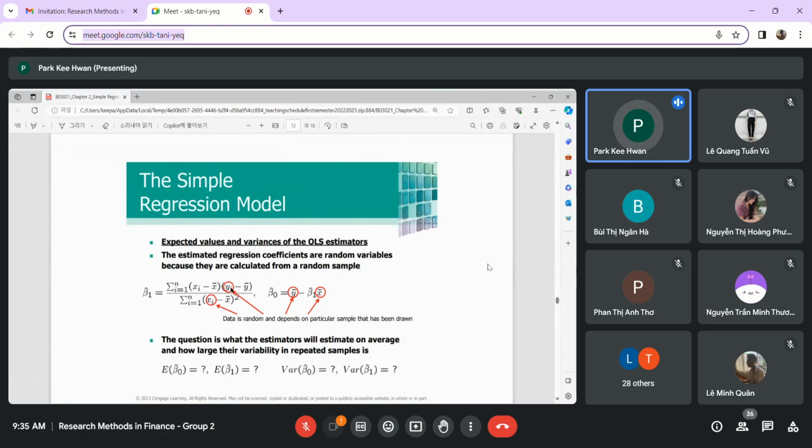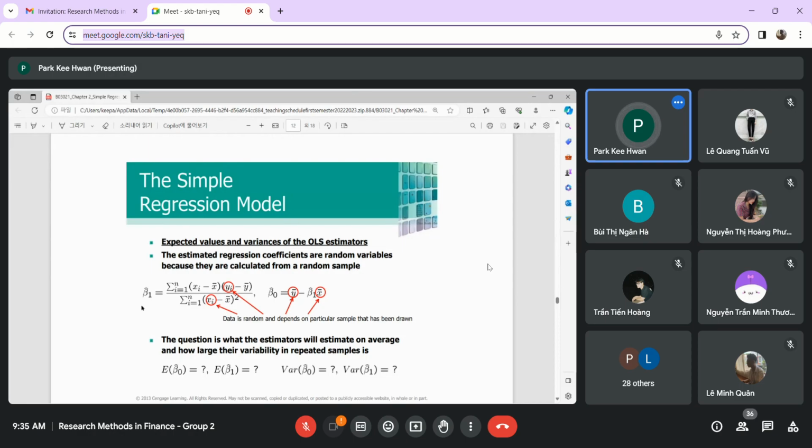In other words, the yi and xi data are random. So these observations depend on the particular sample you have drawn.